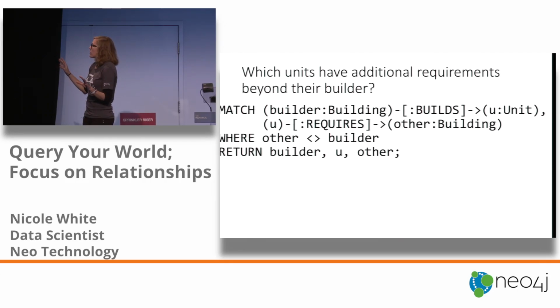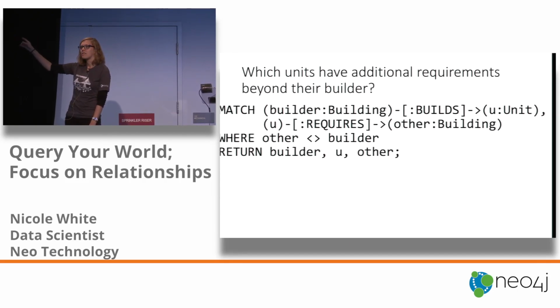But anyway, here we're asking which units have additional requirements beyond where they're built, essentially. We're finding the building that the unit is built at by matching on the building that builds the unit. And then we're also getting the first most requirement of that unit.